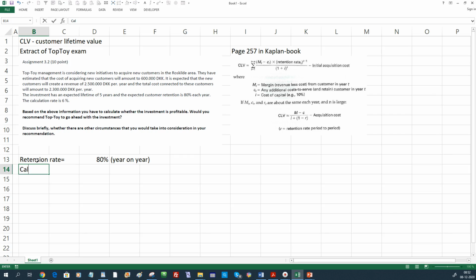We have calculation rate. Sometimes they call it cost of capital or discount rate or something else. Here they call it calculation rate. I should do that correctly. Calculation rate is 6%, also called cost of capital.